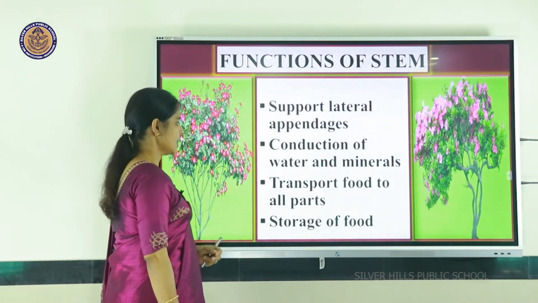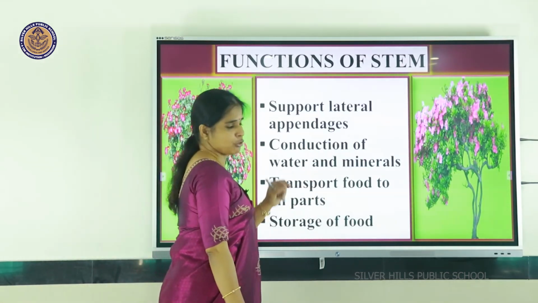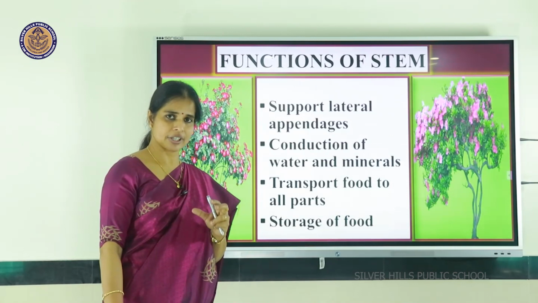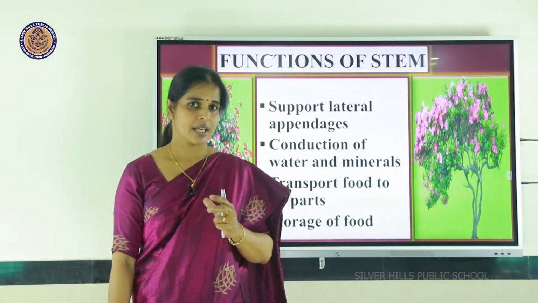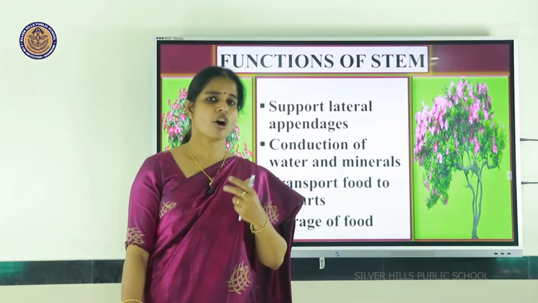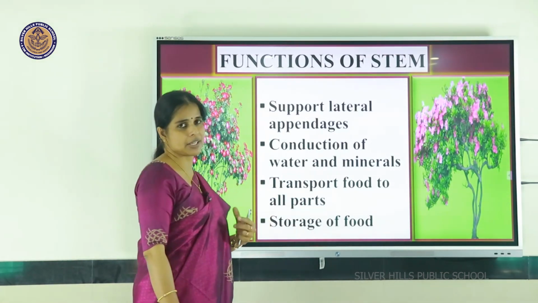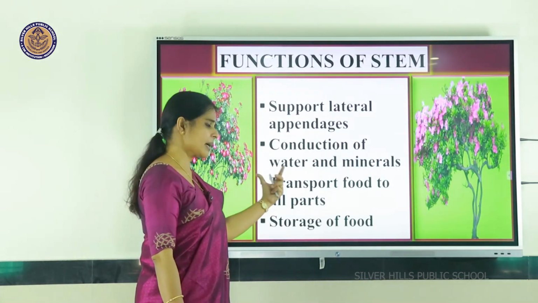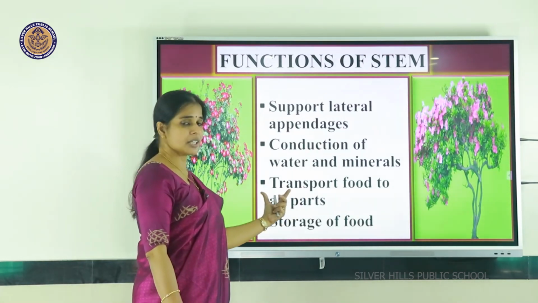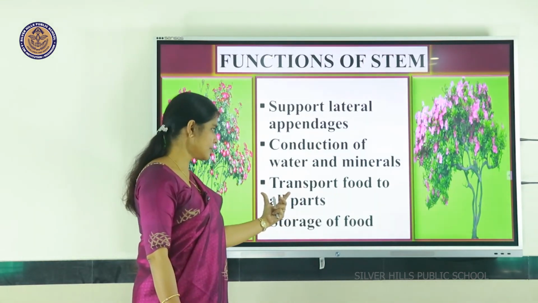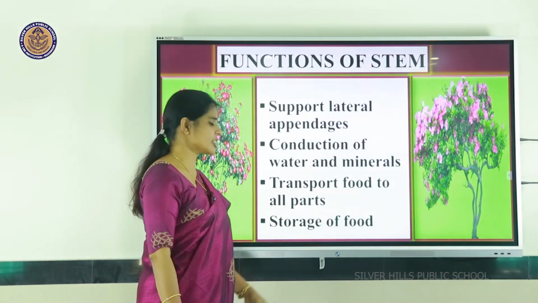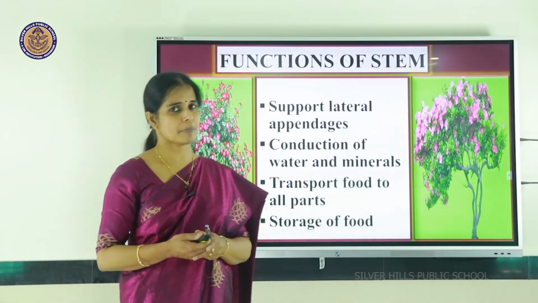Next is the third function, the transport of prepared food. Photosynthesis happens in the leaves. The carbohydrate, or the food that is prepared, has to be transported to all parts of the plant. This is again helped by the stem. Another type of tissue present in the stem, the phloem, helps in the transport of food to all parts of the plant.